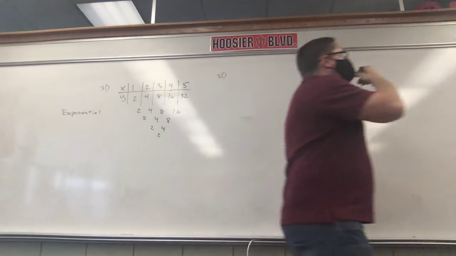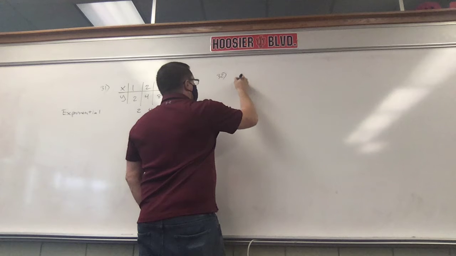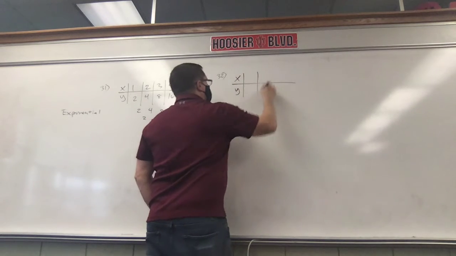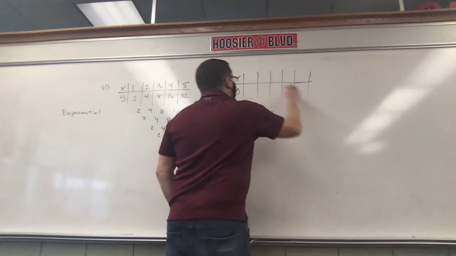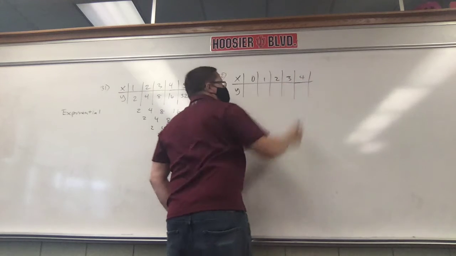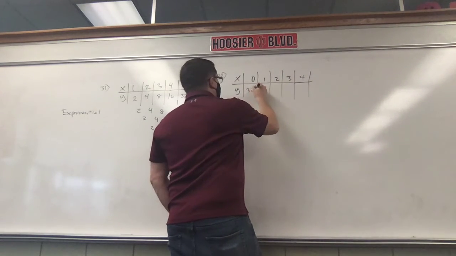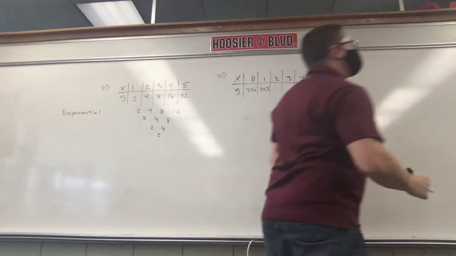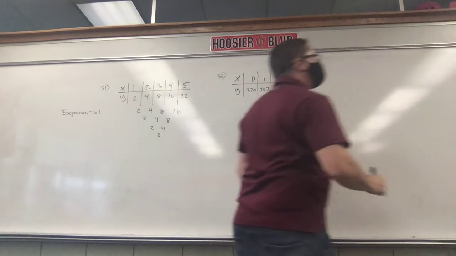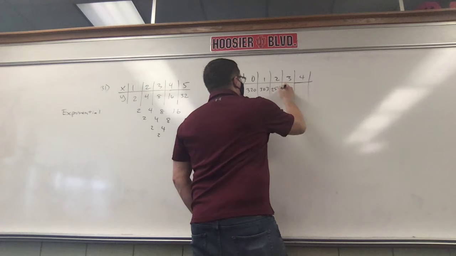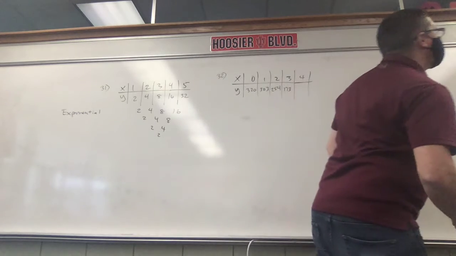Okay, 0, 1, 2, 3, 4. And they give us 320, 303, 254, 173, and 60.